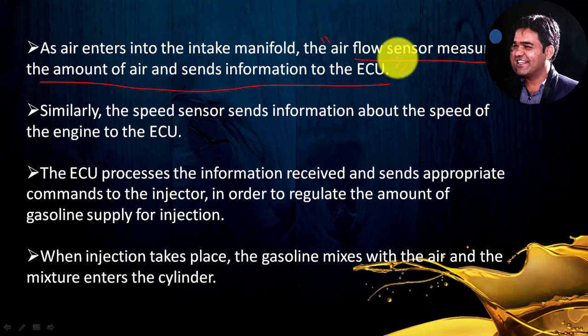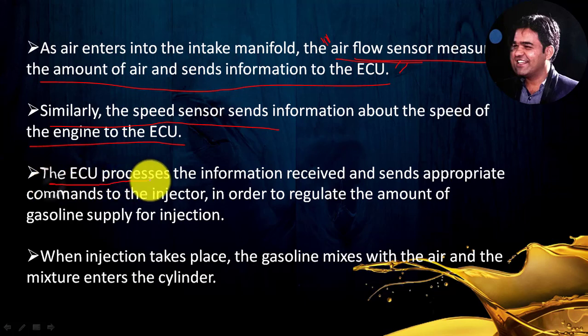Okay. In case of the L-MPFI system, our ECU measures the airflow, whereas in case of a D-MPFI system, the ECU measures the vacuum generated inside the cylinder. Similarly, the speed sensor sends the information about the speed of the engine to the ECU. I would like to emphasize again that the speed sensor is mounted on the crankshaft and it measures the RPM of the crankshaft of the engine.